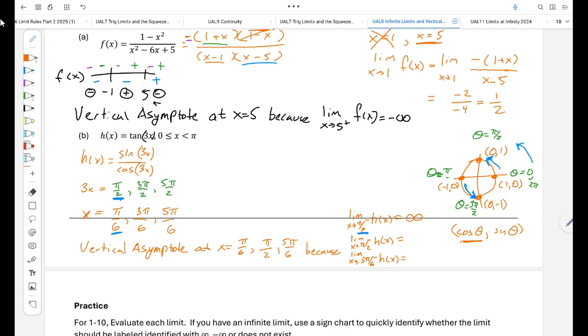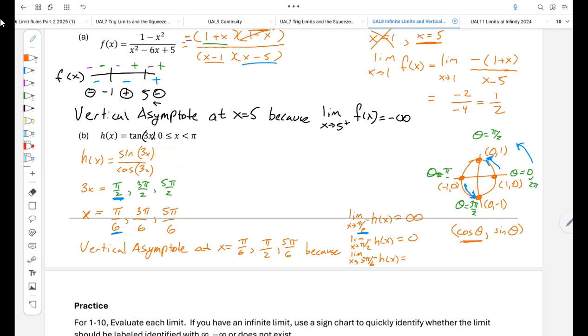Next limit. I'm doing pi over 2, but that's an x. So I'm thinking about 3 pi over 2 on my unit circle, and that's down here. Again, I'm somewhere here on the unit circle. X is my cosine, y is my sine. If I'm in the third quadrant, both of those things are negative. So I'm dividing a negative by a negative.